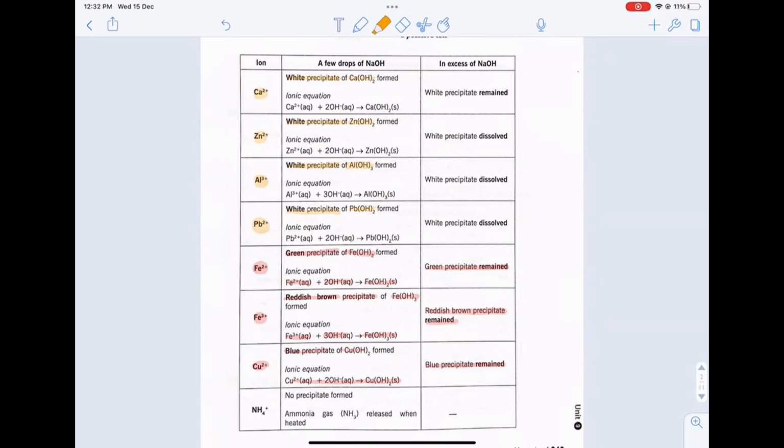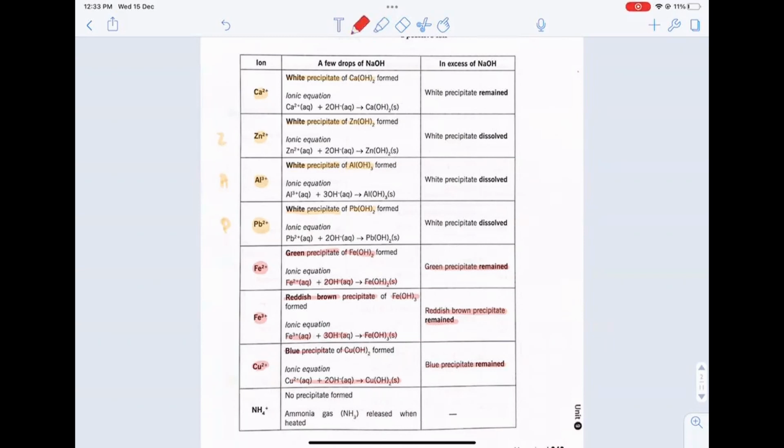It will be very interesting to note that the white precipitate dissolves for Zn. Remember what that is? That rings a bell, right? Zn refers to the amphoteric oxides. They are amphoteric, meaning that they will react with both acids and bases.